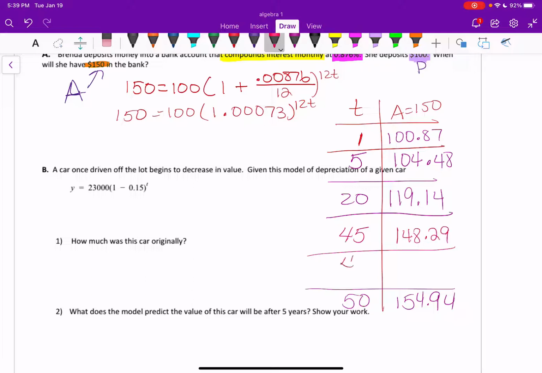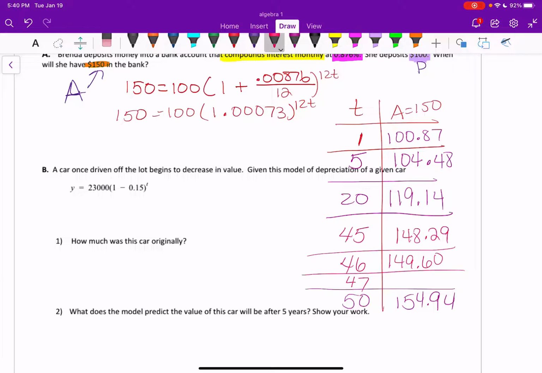Let's try 46. Does 46 work? So 100 times 1.00073 raised to what power? 548 plus 12 would be 552, so the 552 power. That's 149.6. We're almost there. So if we did 47, what's 47 times 12?